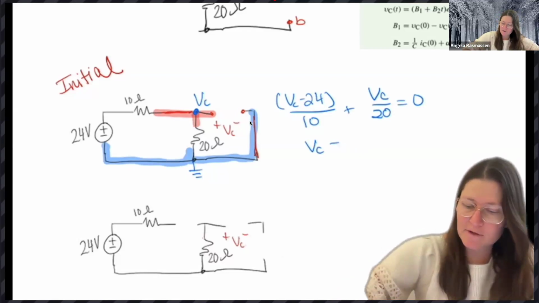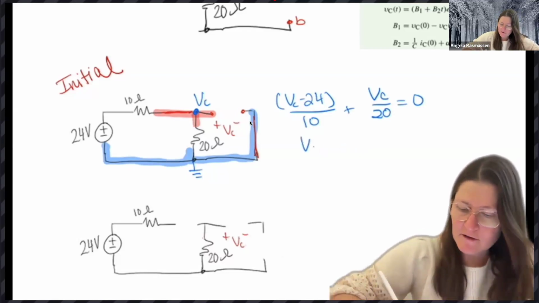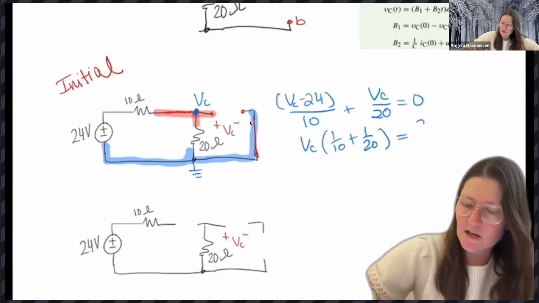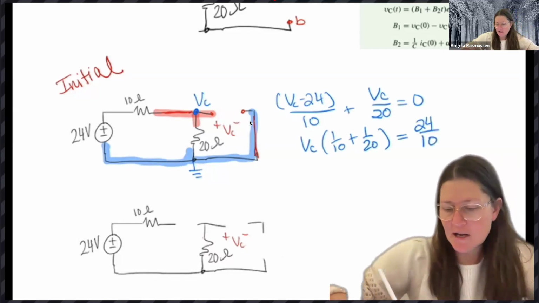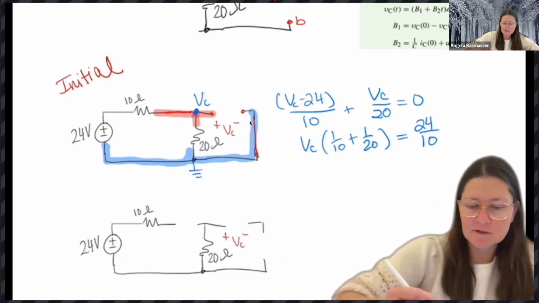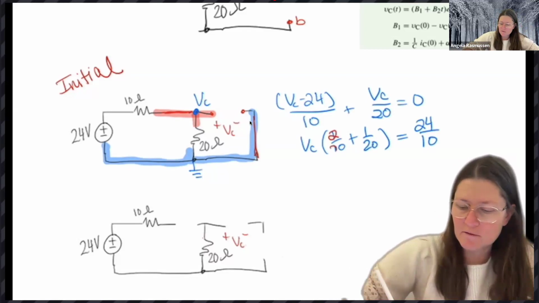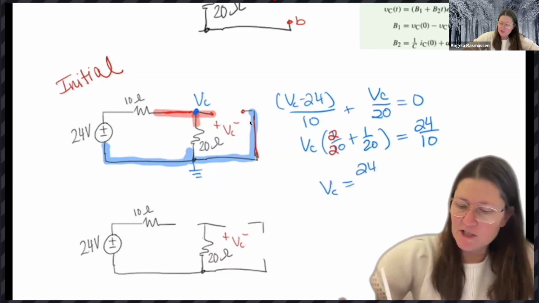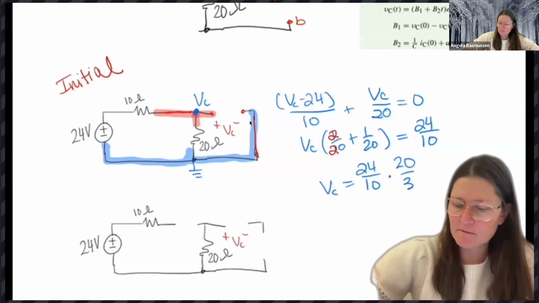Actually, I'll write these out first. So I combine my like terms, take over the 24 over 10, and then this becomes 2 over 20. And so 24 over 10, and then this is 20 over 3.